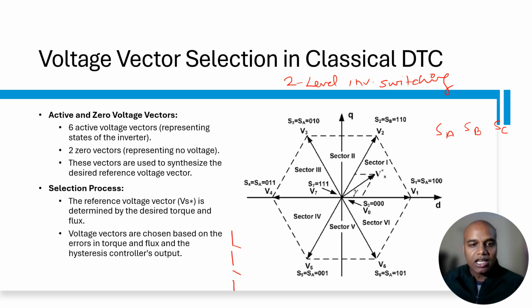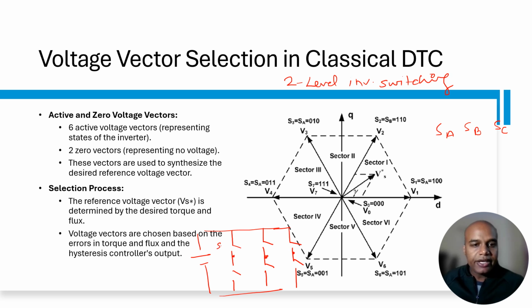In one leg, I will have two switches of the inverter like this, and from here this will be connected to the DC input, and then a three-phase load will be connected to my inverter legs.